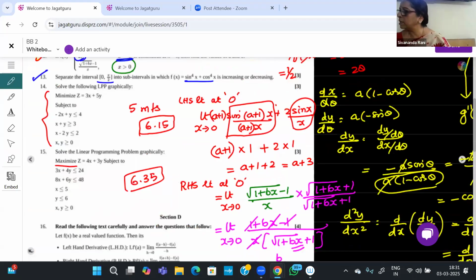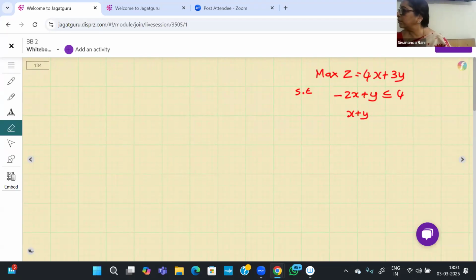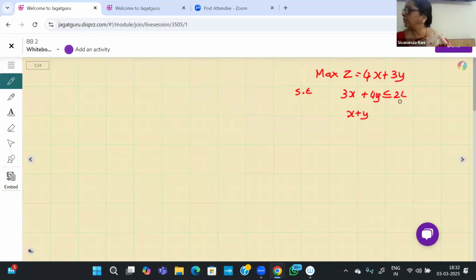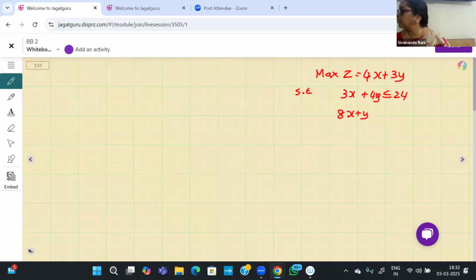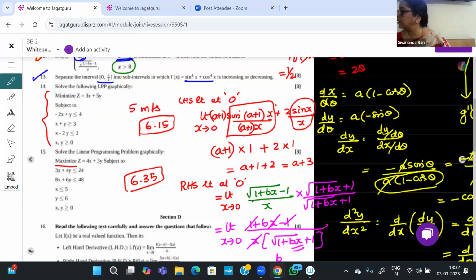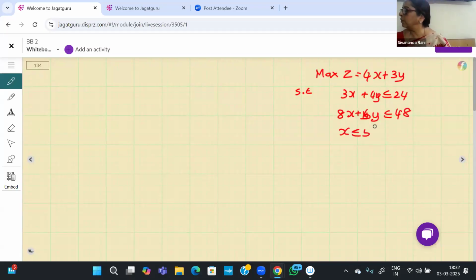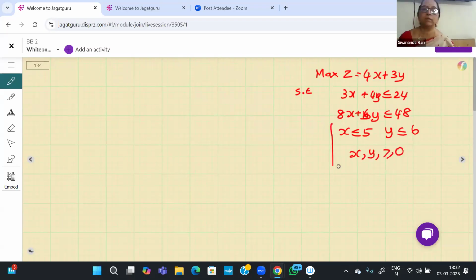X plus 4y is less than. It's giving you a rectangle, right?